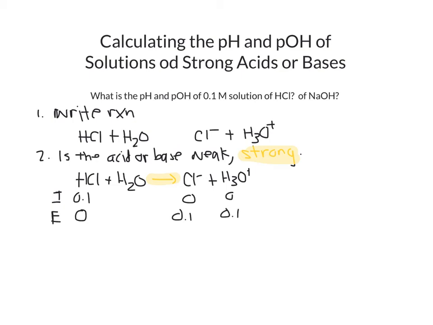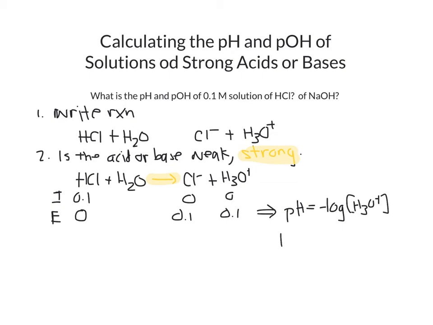Now, once I know the H3O plus concentration, I can simply use the definition of pH as minus the log of the H3O plus concentration to calculate the pH of this solution.